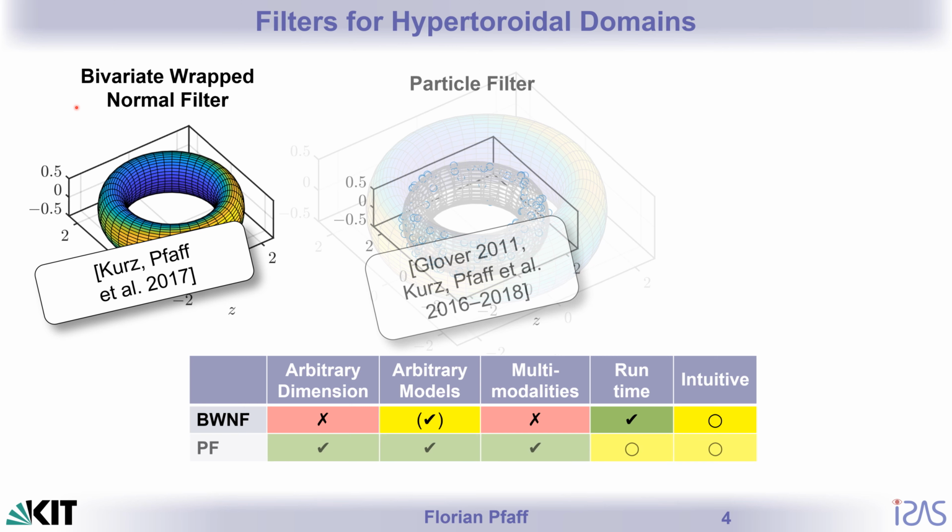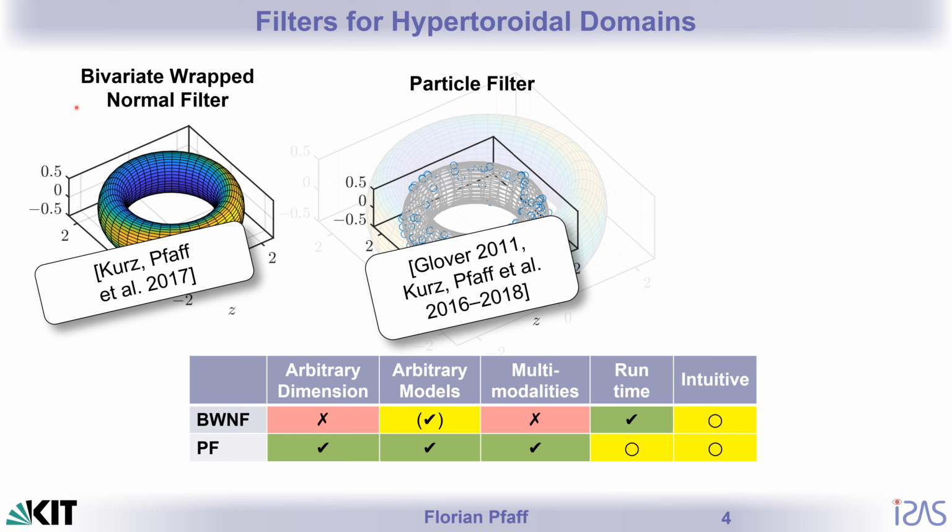Then there is the particle filter. In the particle filter, the density is represented using multiple particles with certain weights, or they can also be unweighted, and then just the spacing encodes the actual density. It can be used for arbitrary dimensions and can actually be applied for almost all possible topologies.